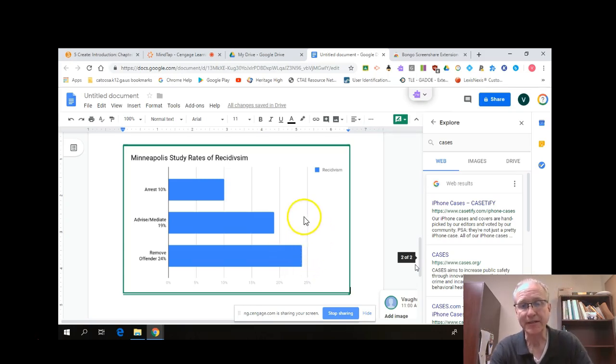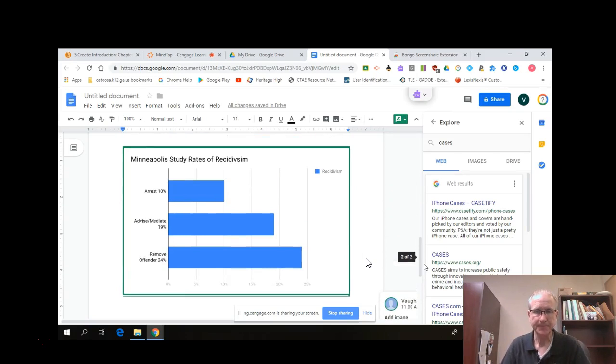So we can see that the treatment is more effective as we go from arrest to advising consent to removal from the home, or I should say less effective as we go down that marker. So we can see there's variability between the three treatment groups on the dependent variable, yes, no, rearrest. So the graph seems to prove the theory that arrest, mandatory arrest, does reduce the rate of recidivism amongst domestic violence offenders.